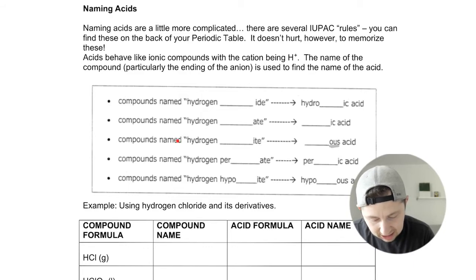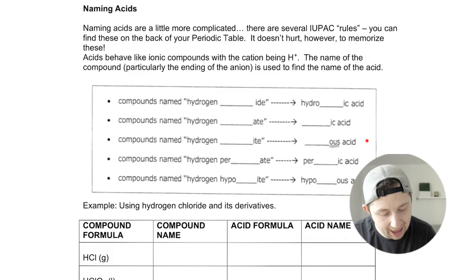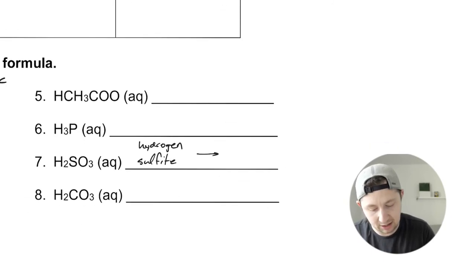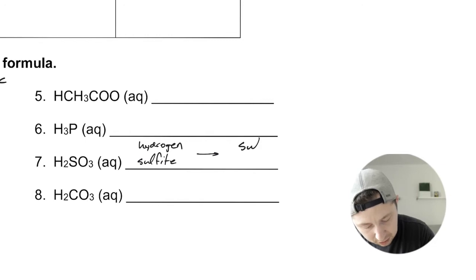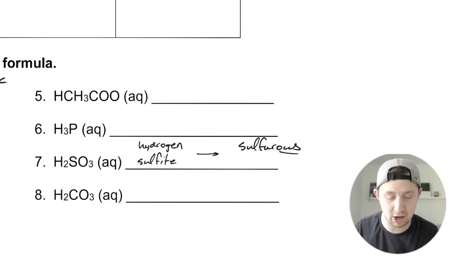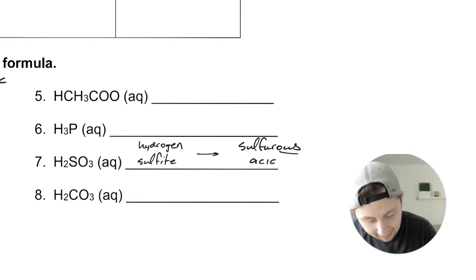And so we see here, here's our ionic name, hydrogen sulfite becomes blankous acid. OUS is what we put on the end. And so we come back down and we know that it's going to become sulfurous, OUS, there's the thing that I added on at the end, sulfurous acid.